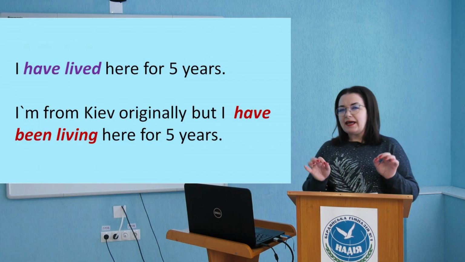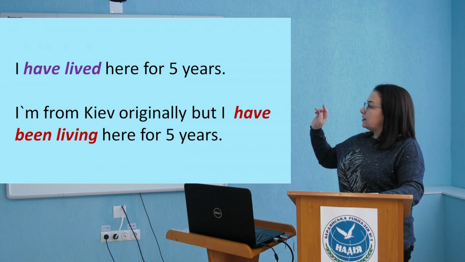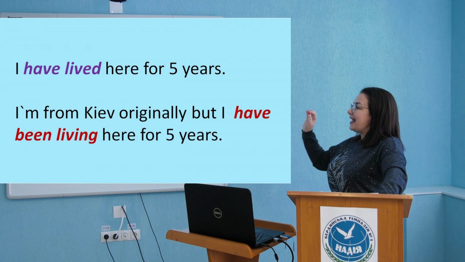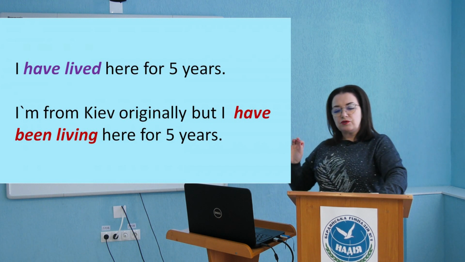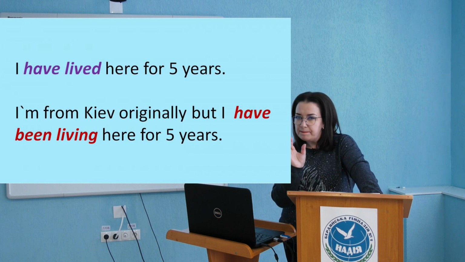But to understand the difference between these two sentences, we need to think about this example in a slightly different way. What do I mean? The present perfect simple tense in the first sentence, I have lived, suggests that the action is a permanent thing. Okay?